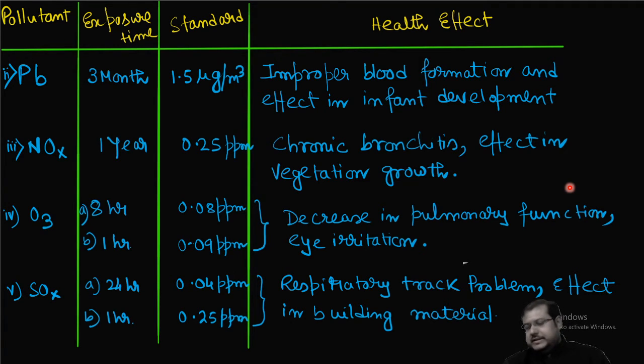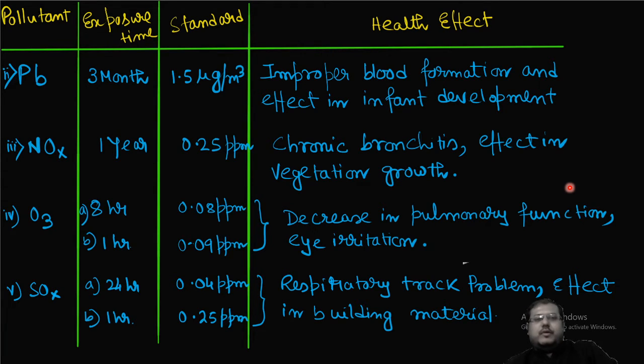For 1 hour, the standard is 0.09 ppm. That's giving decrease in pulmonary function, eye irritation.